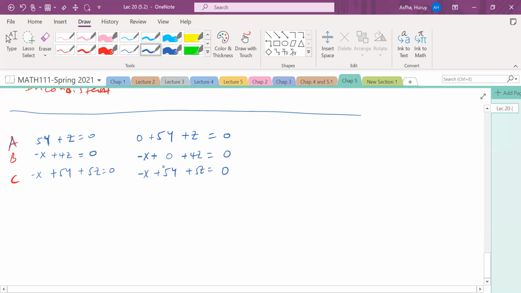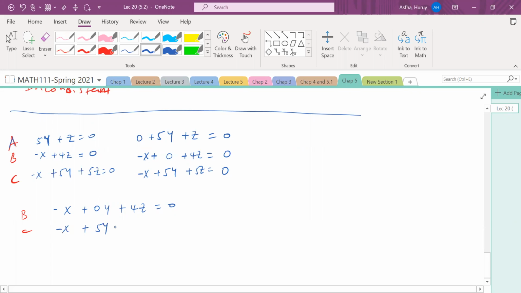For example, if we take B and C, the equations are negative x plus 0y plus 4z equals 0. This is not necessary to write, but for now, just to show you that we can solve this kind of equations, I am putting this placeholder. Otherwise, it's not a must to put it there.